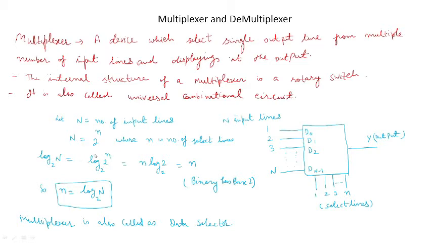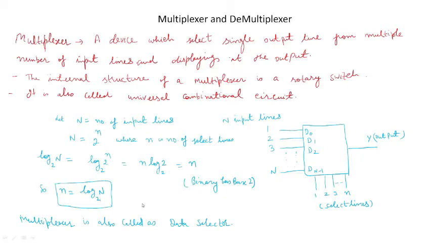Because in binary the base is 2, the base will be 2 for the log on both sides. So log 2 to the power n equals n log 2 base 2, which equals 1. So it will be equal to small n. So we can write that the number of select lines will be equal to log capital N base 2, where capital N is the number of input lines.